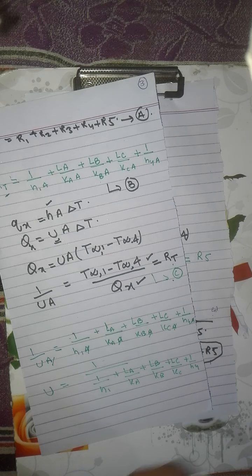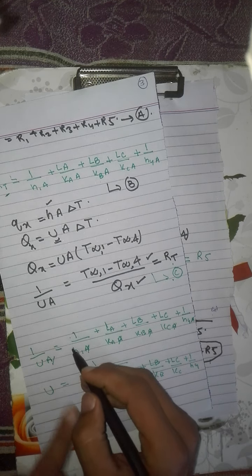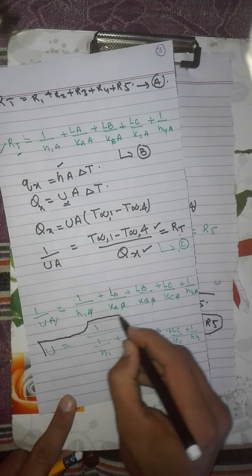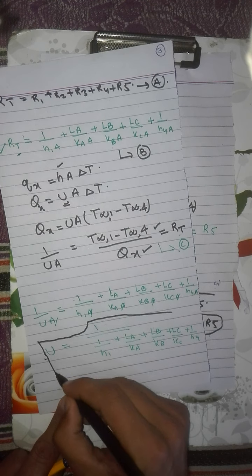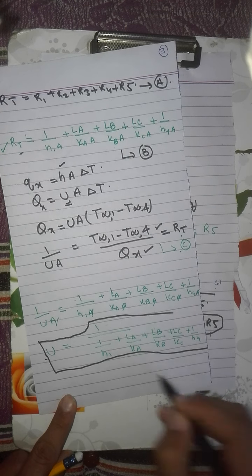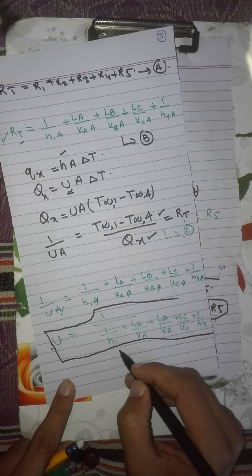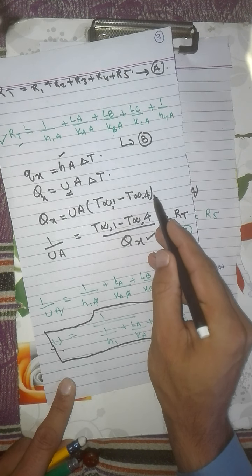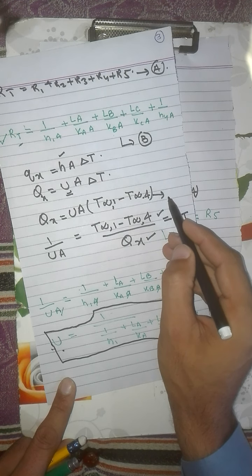This is called the overall heat transfer coefficient, and we can put it in this equation to get the overall heat rate.